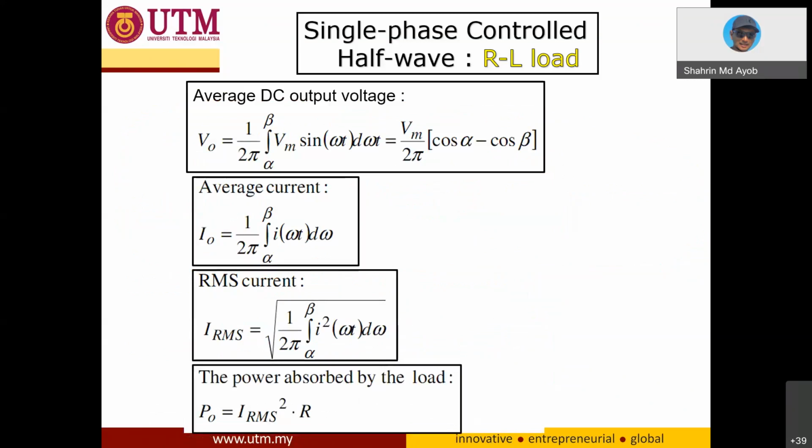So this is the average DC output voltage. You need to integrate it from alpha to beta. So this is your V out average. From alpha to beta, you will have Vm over 2 pi, cos alpha minus cos beta.